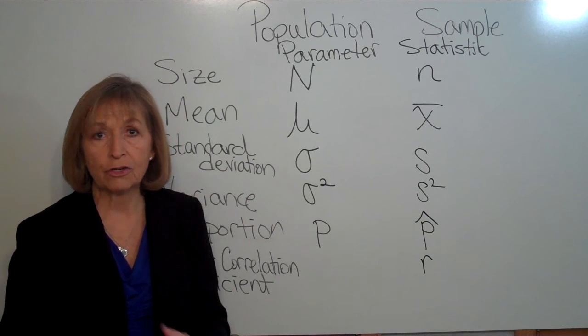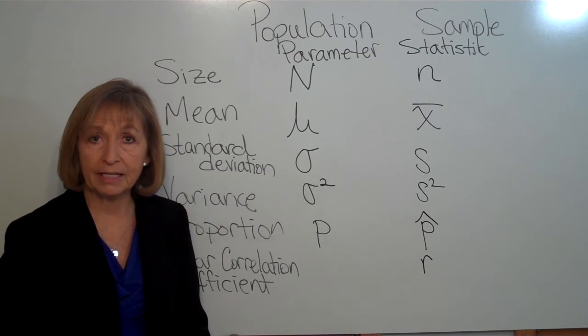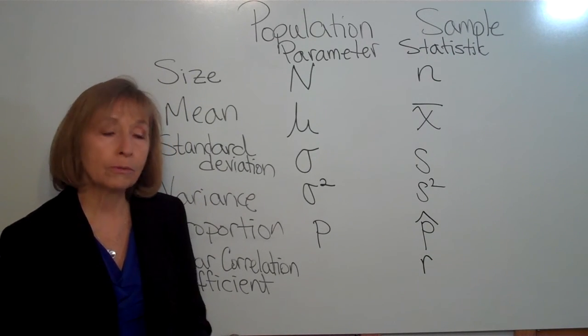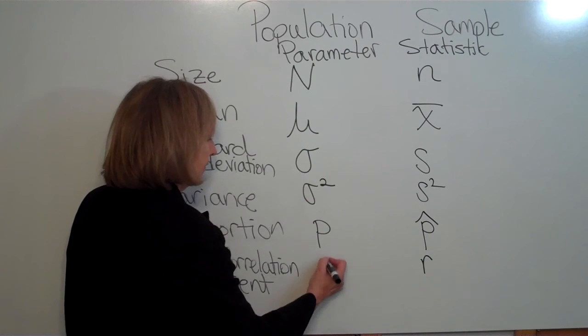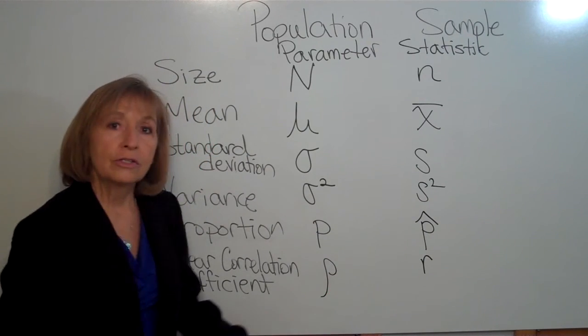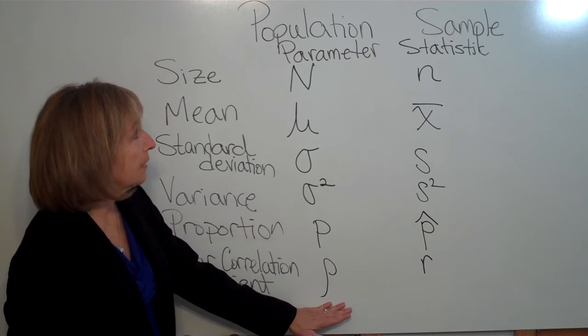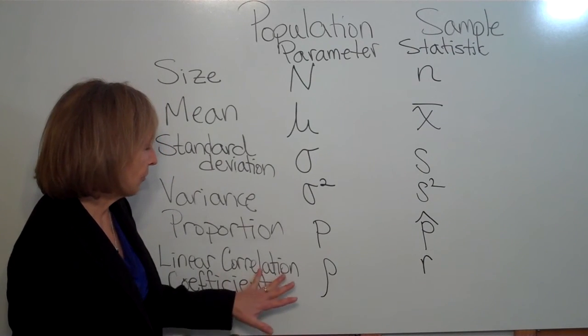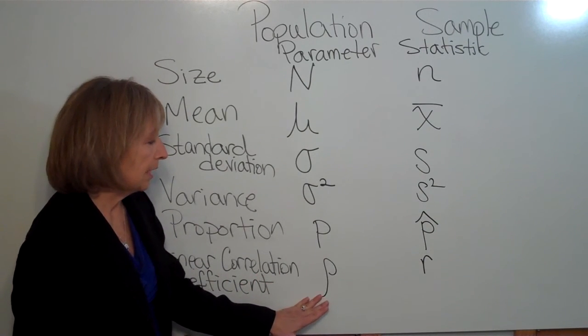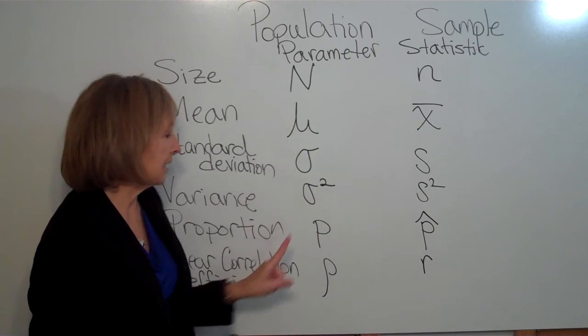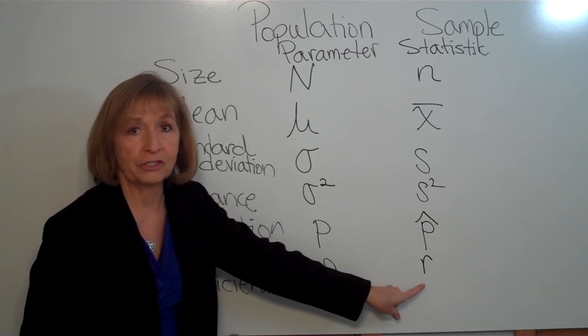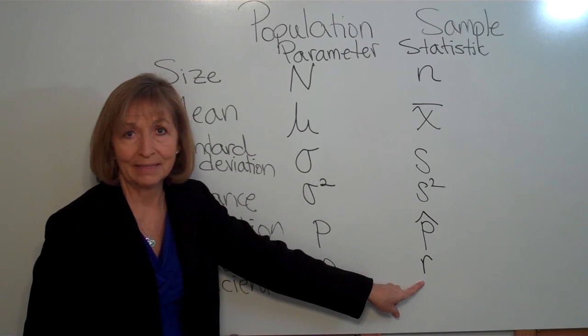It's spelled R-H-O for the pronunciation of it. And the symbol for rho looks like this. So your population parameter for the linear correlation coefficient is rho, and then the sample statistic for the linear correlation coefficient is R.